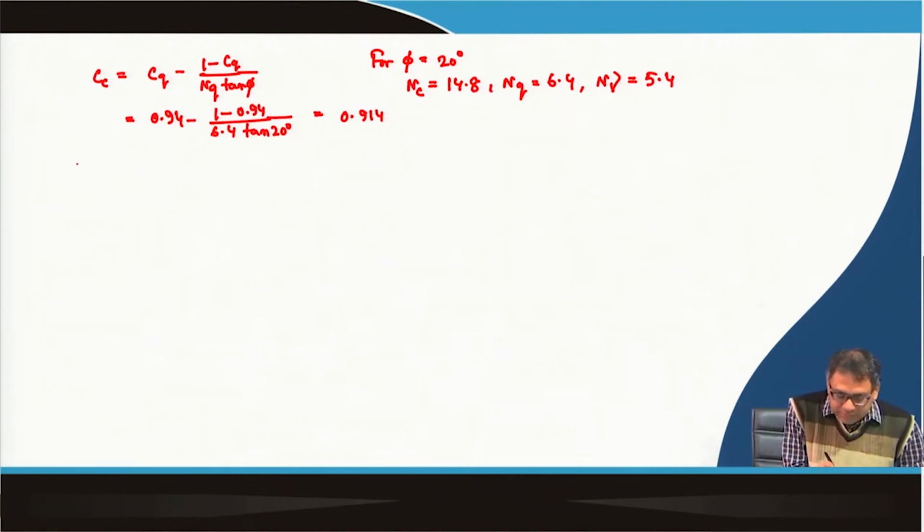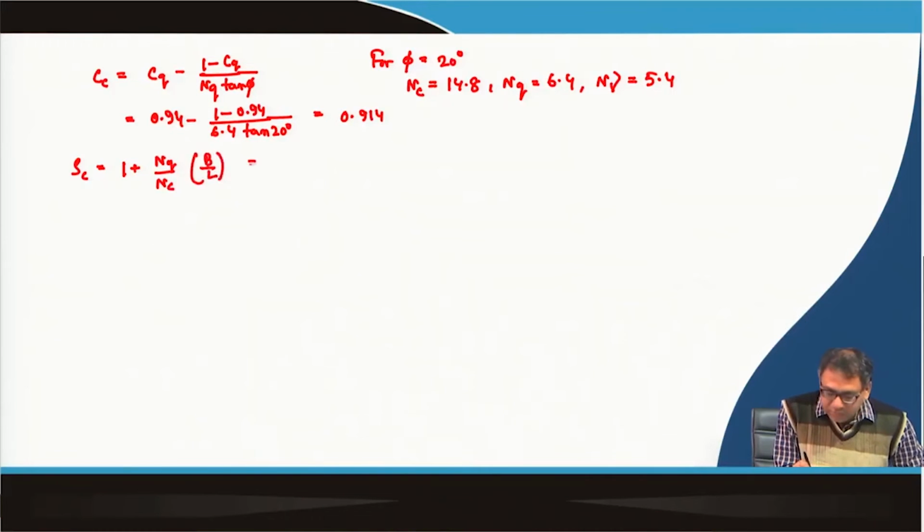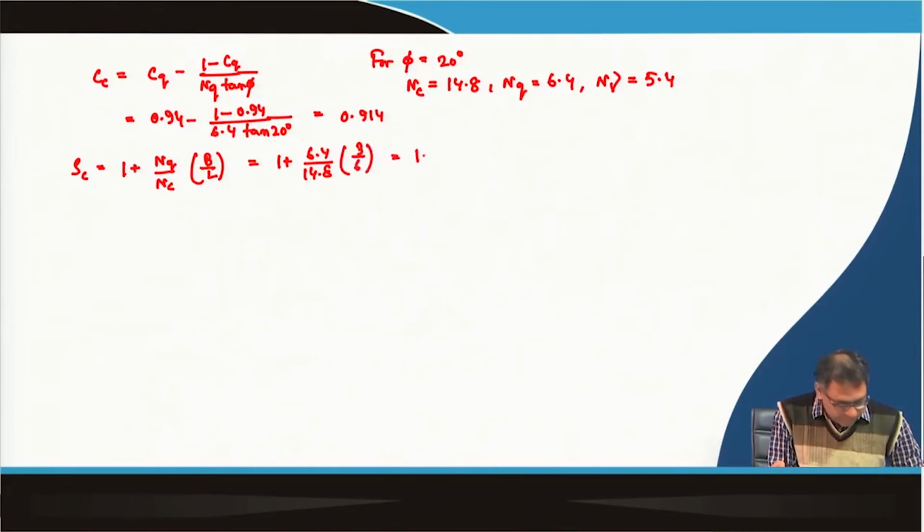So, I will calculate, as per the basic equation, Sc is 1 plus Nq by Nc into B by L, which is 1 plus 6.4 divided by 14.8, B is 3, L is 6, which is 1.216. Okay.